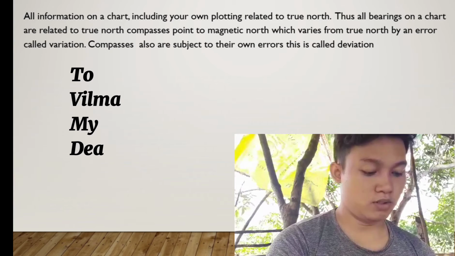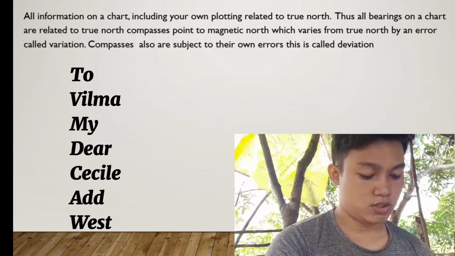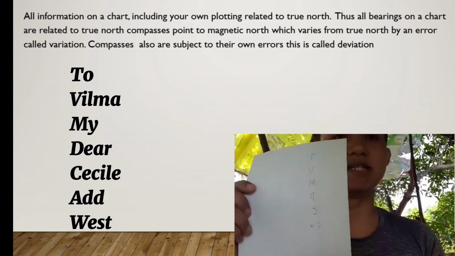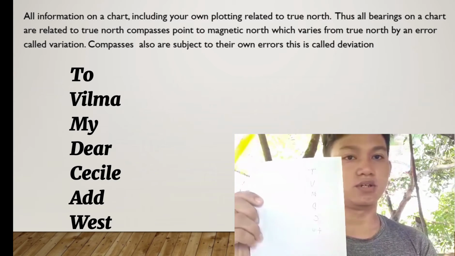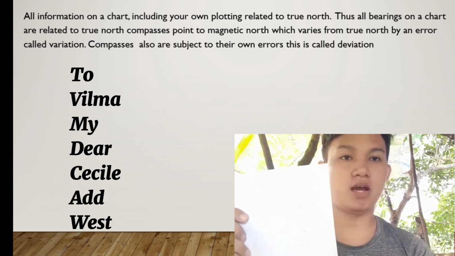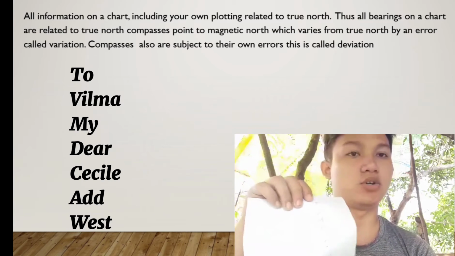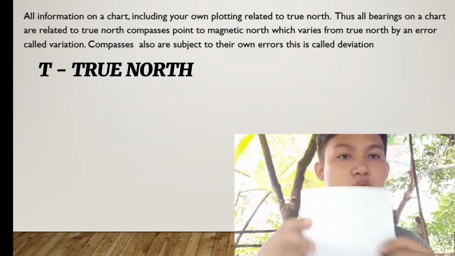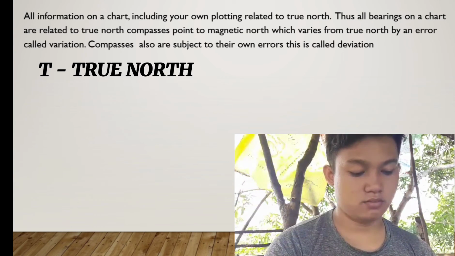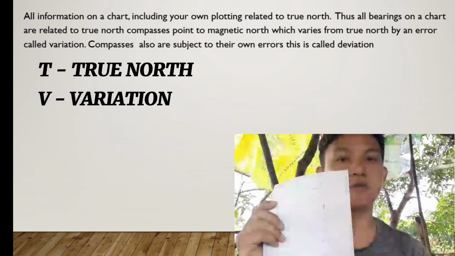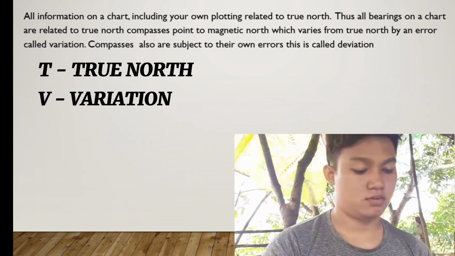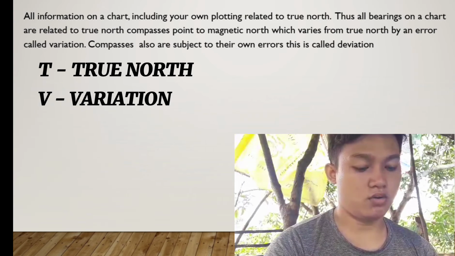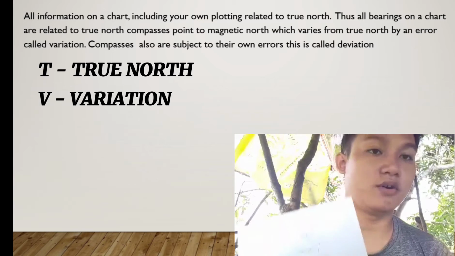So on this paper, I'm going to write a mnemonic rhyme: True Virgins Make Dull Company, Add West. This is a pattern so you cannot forget how to get the compass or true north. T stands for true north, and V stands for variation. Variation is an error that depends on where you are on Earth.